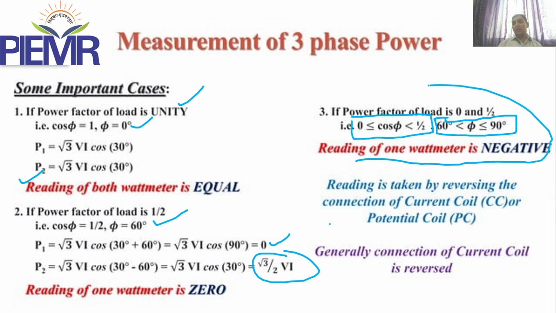It is one of the important topics in classical technical aptitude exams, where they put questions about it. The fix is made by reversing the connection of the current or pressure coil, so it can be connected as a reverse current coil. It can be corrected in that manner.